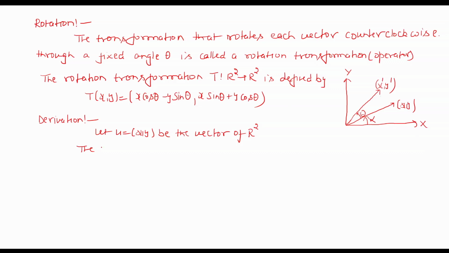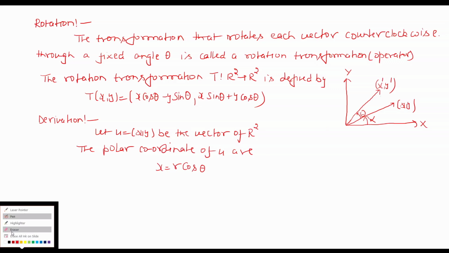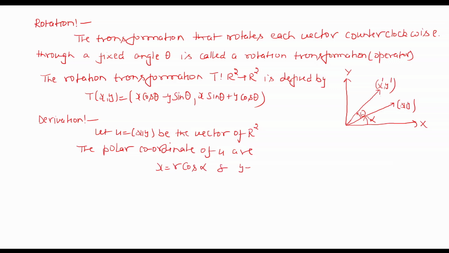So what should be the polar coordinates of this vector? x is equal to r cos alpha, since this makes an angle alpha, and y is equal to r sin alpha.